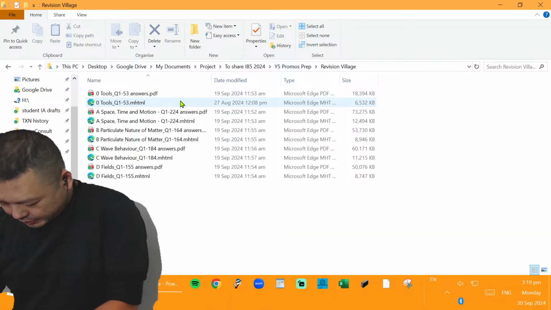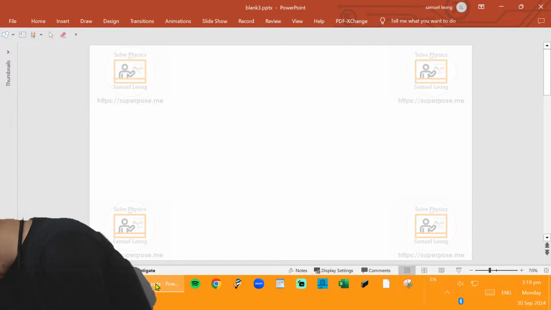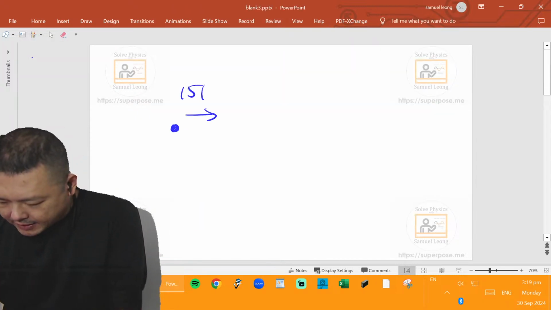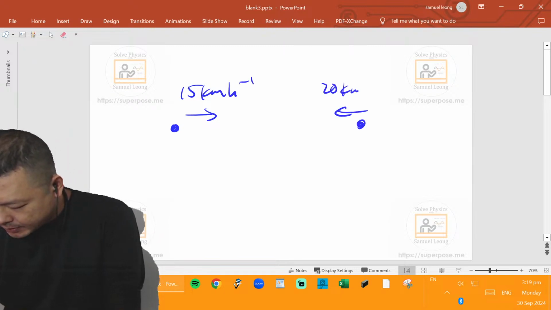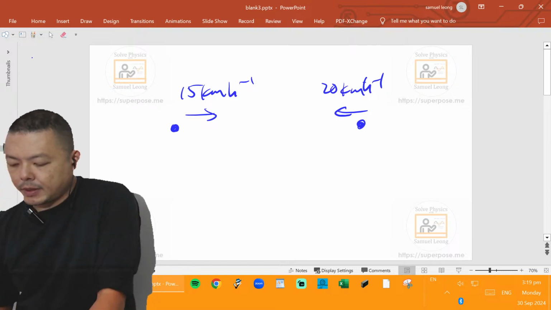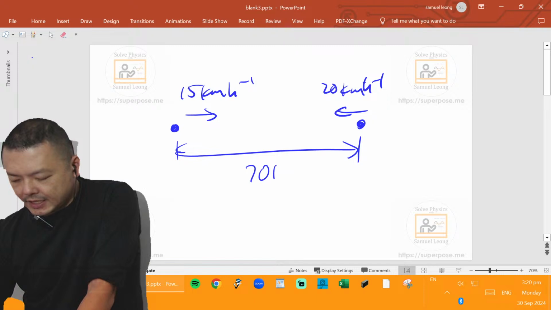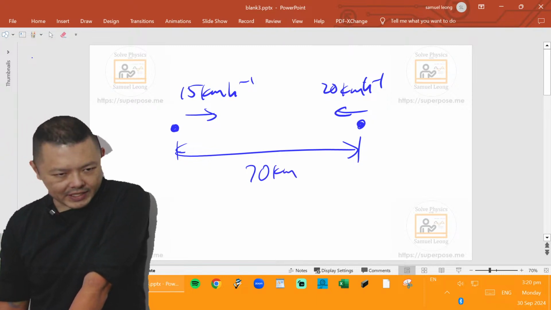So you have one going this way at 15 km per hour, and the other one going at 20 km per hour, like this. And then the total distance between them is 70 km, right? So the question is, how long would it take to travel that 70 km?